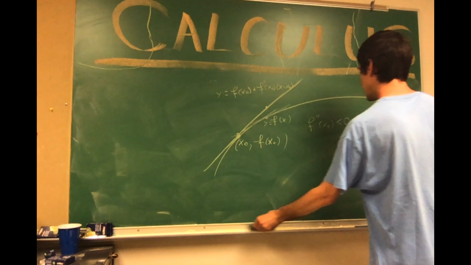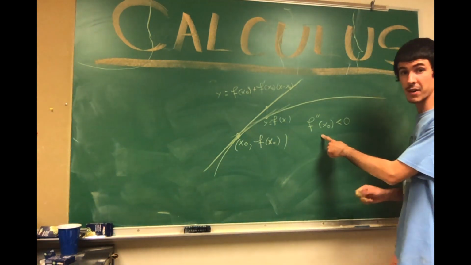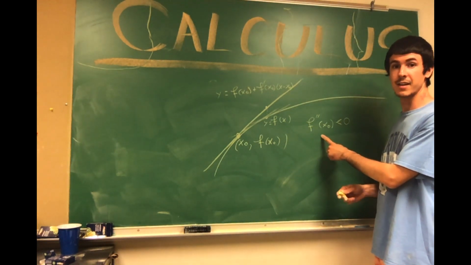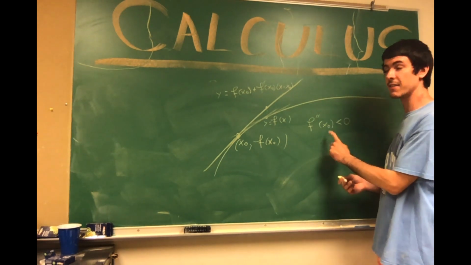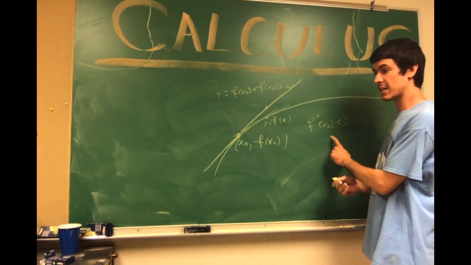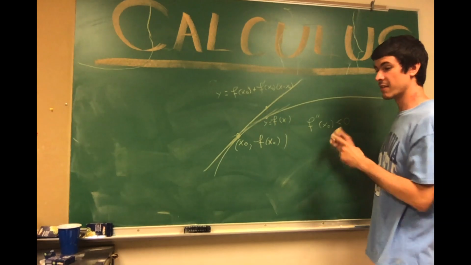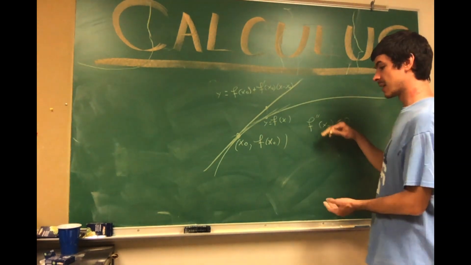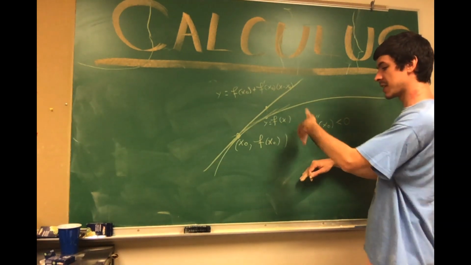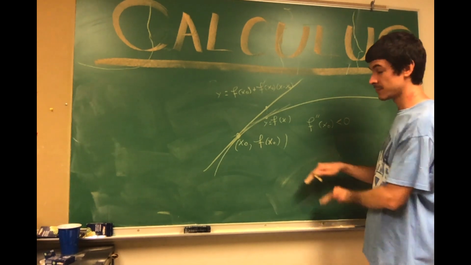So the sign of the second derivative, positive or negative, tells you whether the curve is pulling up from the tangent line or pulling down from it.